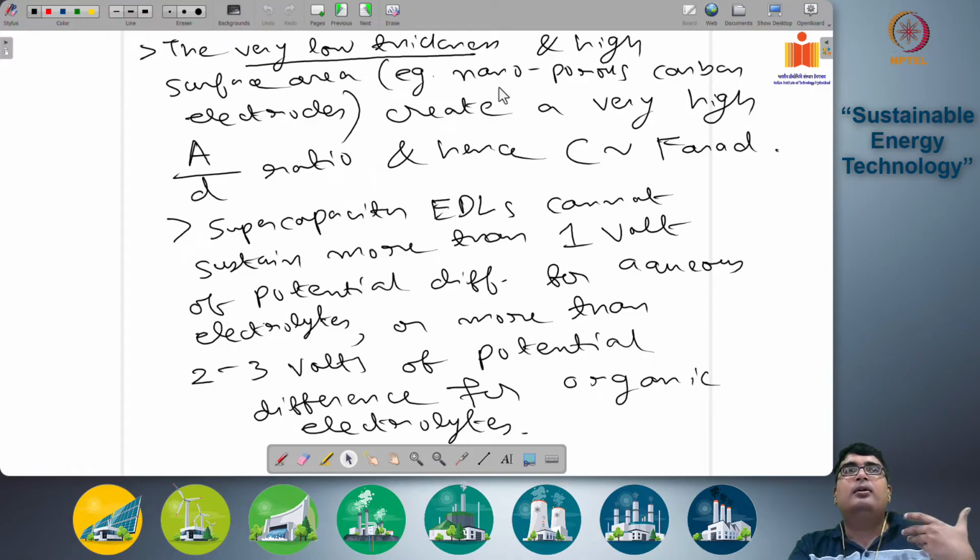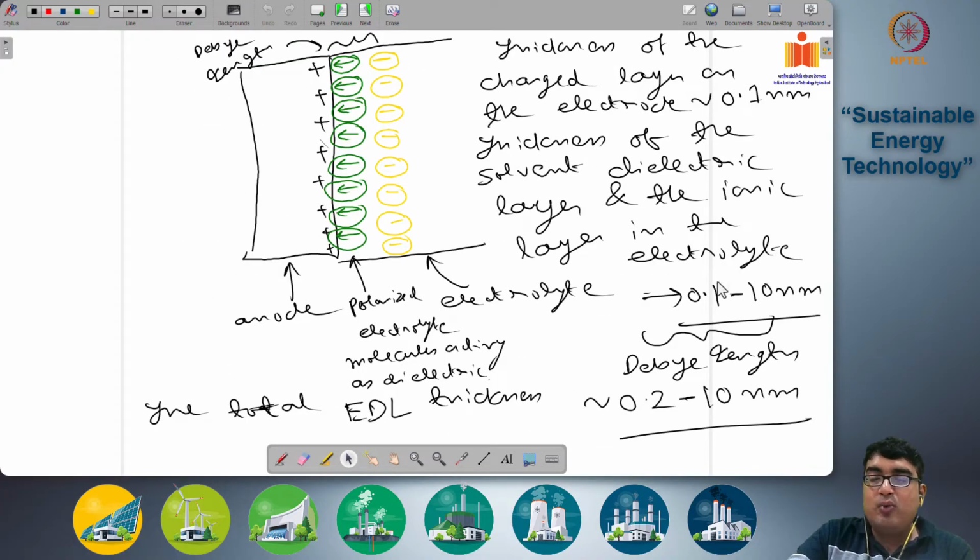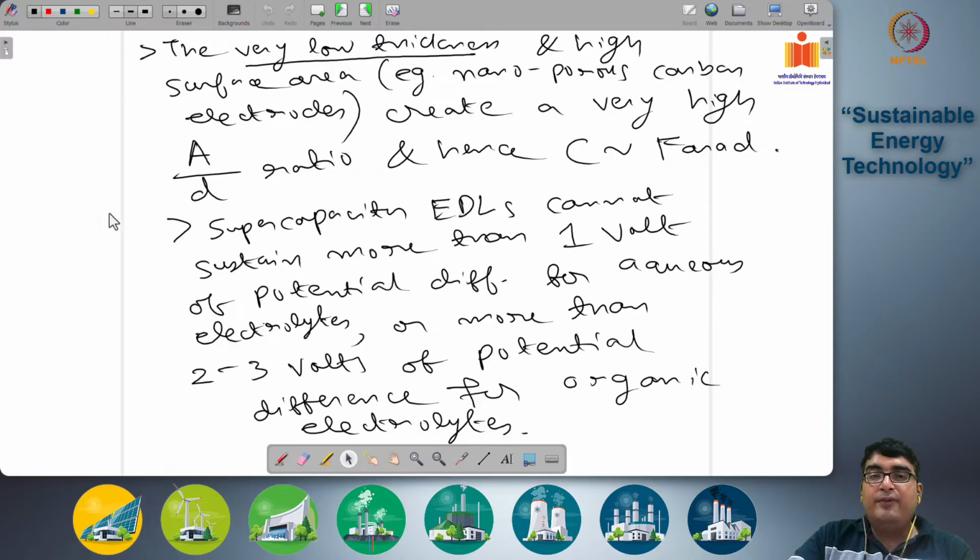So the surface area of contact of the dielectric material, which is the adsorbed solvent molecules here, is very large. So you have a large A value and a very small dielectric thickness value. This D is basically 0.1 to 10 nanometers here, of the order of 10 to the power minus 8 to 10 to the power minus 10, and this surface area is quite large because of the porous electrode material that is used.